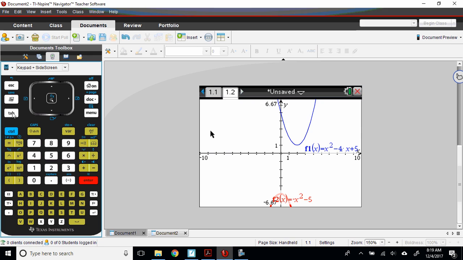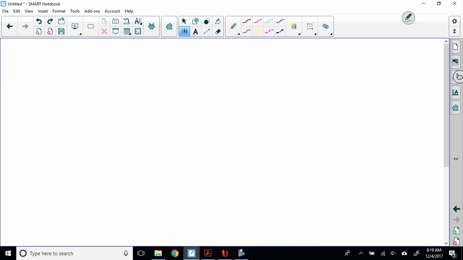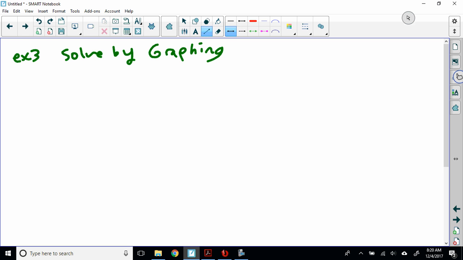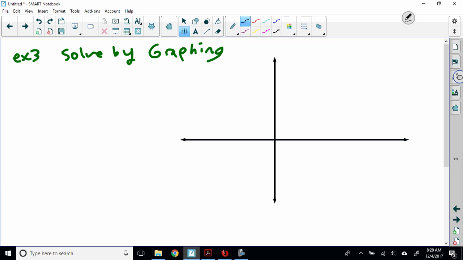All right. So I know it's been a long time since you've graphed an inequality, but that's what we're going to look at next. Example 3, we'll say solve by graphing. Unfortunately, because my smart board is not being cooperative today, I won't be able to have real nice graphs, but you'll get the idea. So here's my x and y axis.